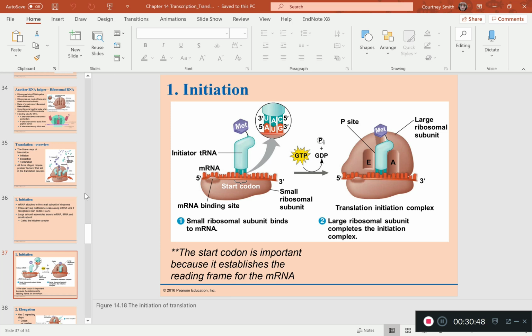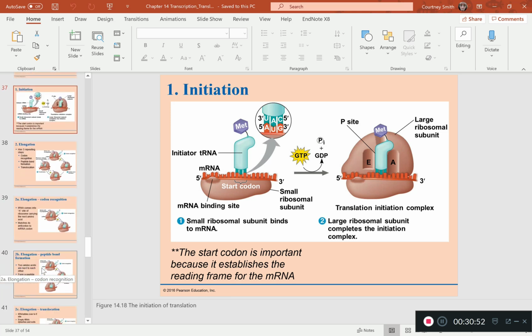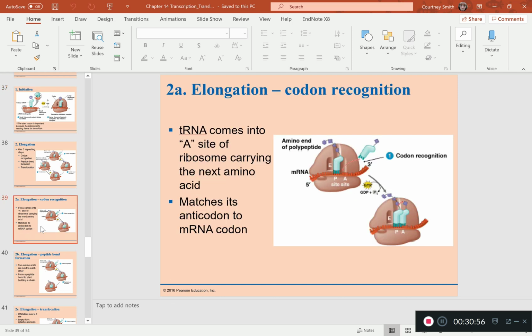Okay, now with that, we're going to go to elongation. Elongation is in 3 parts. The first part is something known as codon recognition. Codon recognition is where tRNA will come in. This is the one that will actually start adding on the amino acids. It will come into the A site of that ribosome complex, and it will add the matching anticodon to the mRNA.